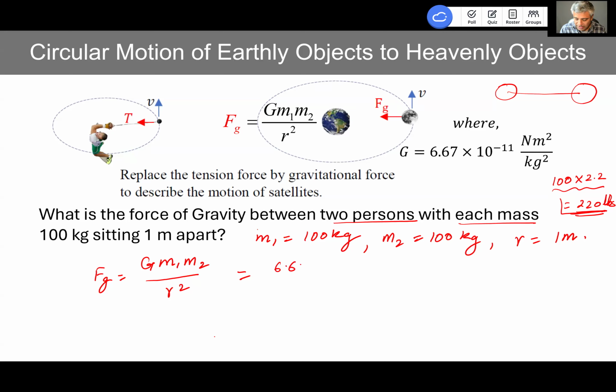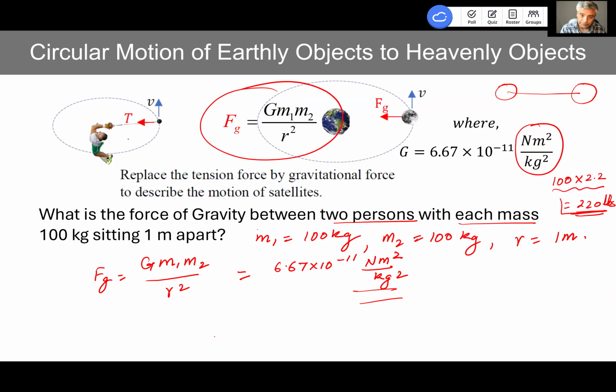So this is 6.67 times 10 to the power negative 11, and its unit is Newton times meter squared over kilogram squared. And if you are wondering where this unit is coming from, basically, it is coming from this formula. Okay, so if I were to solve this one for G, how is it going to look? Uppercase G is going to be F_g times r squared, and by the way, this lowercase g is a subscript.